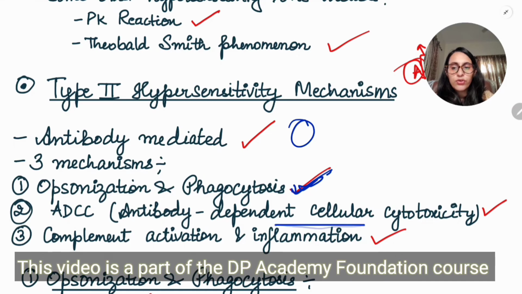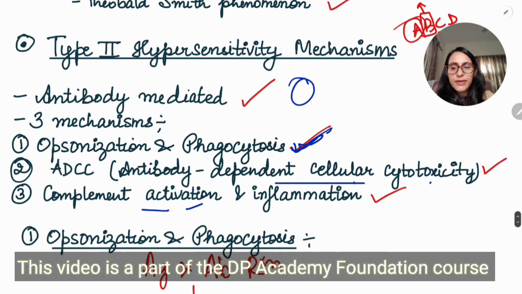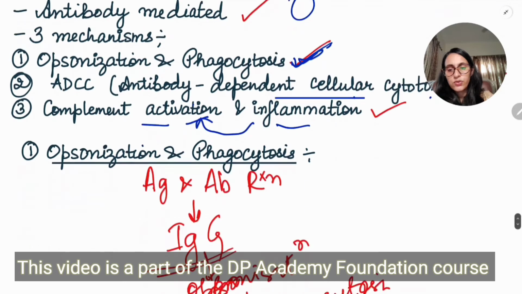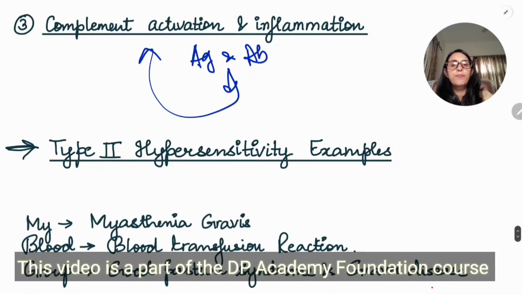In antibody dependent cellular cytotoxicity, this antigen-antibody complex is identified by NK cells and macrophages, and then it will result in antibody dependent cellular cytotoxicity. So basically NK cells and macrophages are going to eat it. Then the third is complement activation. This antigen-antibody reaction can activate the complement system and cause inflammation. So these are the three mechanisms of type 2 hypersensitivity.